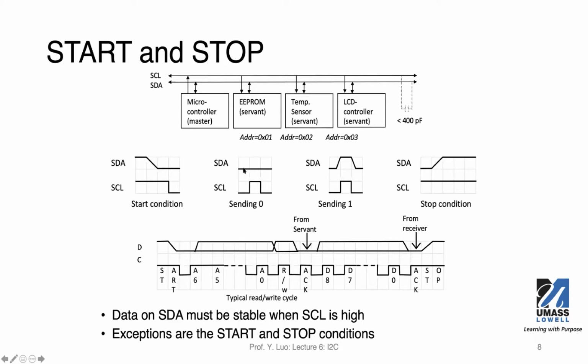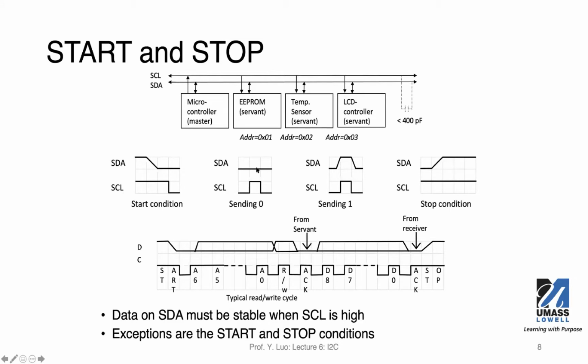So if the sender wants to change the value that will be sent out, it has to change during this half of the cycle, when the clock signal is low. When the clock signal is high, this half of the cycle, this is when the sender has to maintain the value.